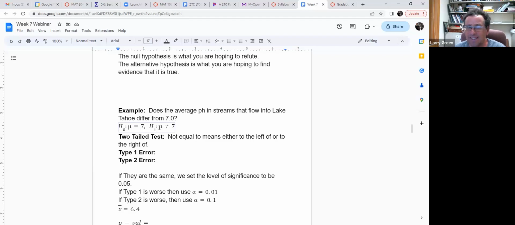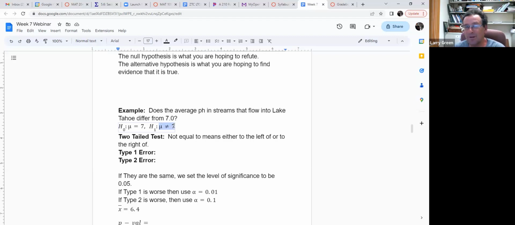And then the idea is, if it's real high or real low, it's disastrous for the biology. So the people who are working on this stuff care about both sides, and that's why H1 is mu is not equal to 7.